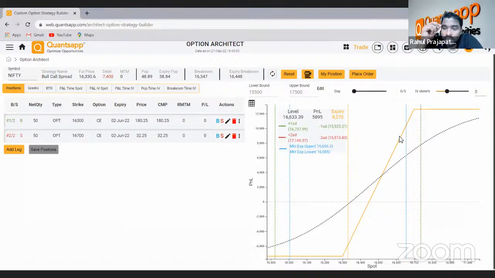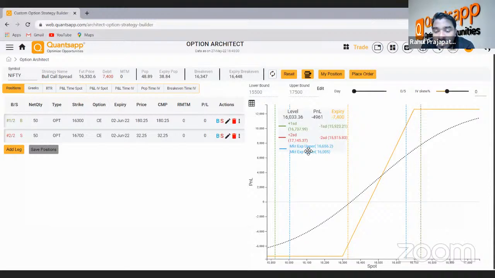Okay. Now you might be seeing certain other lines on that particular graph also, that blue line. So this blue line is basically just showing you the upper bound and lower bound that we're anticipating based on the current expiry and the volatility, right?